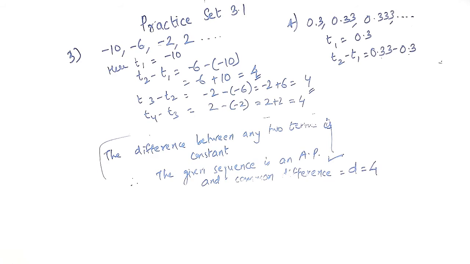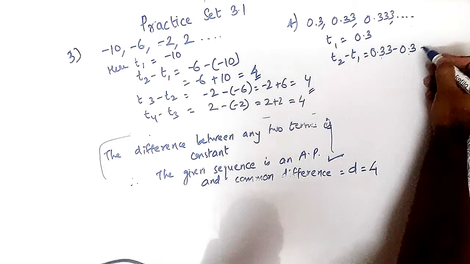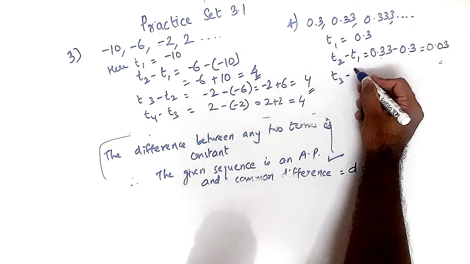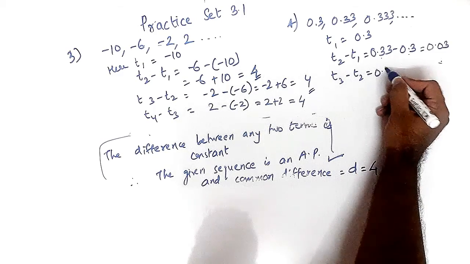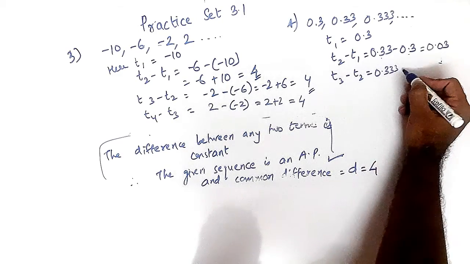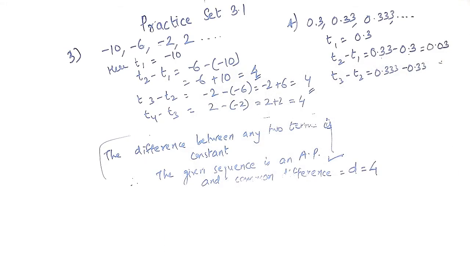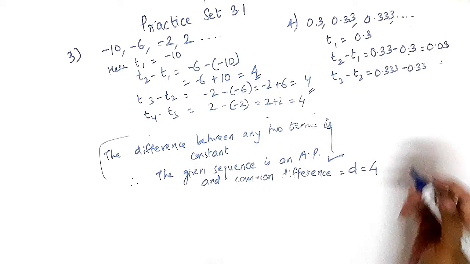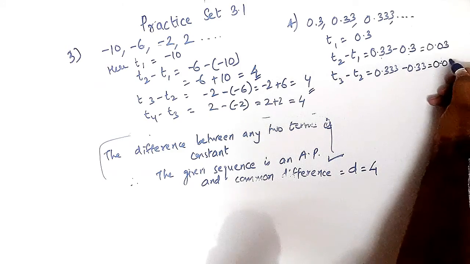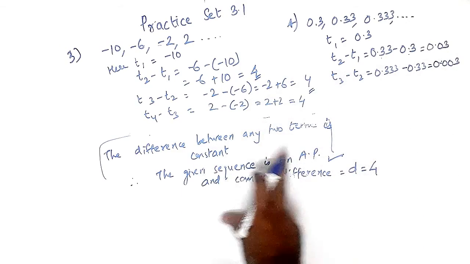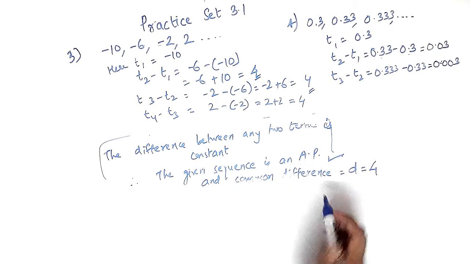You will get 0.03. And T3 minus T2 is equal to 0.333 minus 0.33. So this will be 0.003. Here the difference between any two terms is not constant.